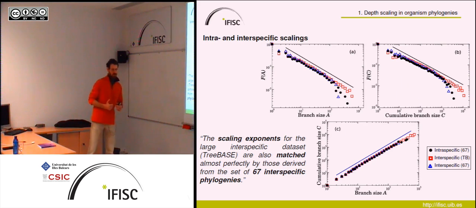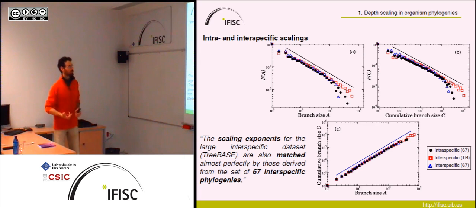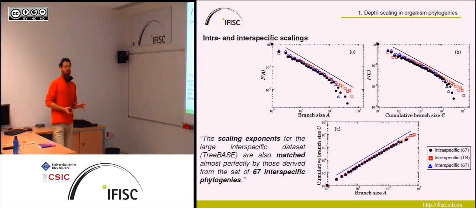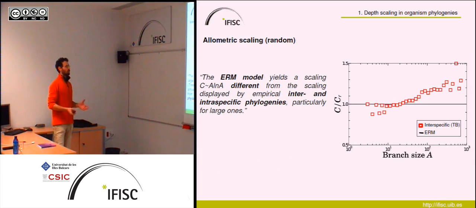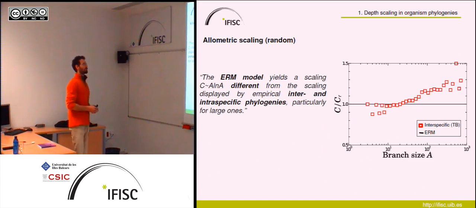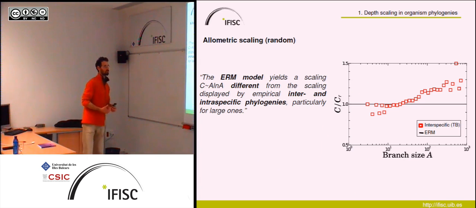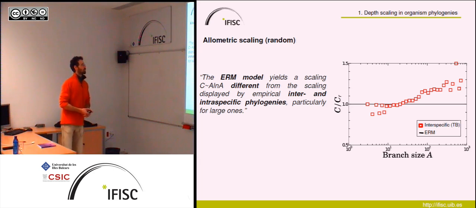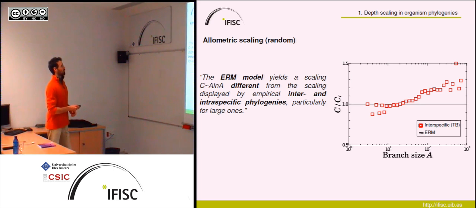Plotting together the two different interspecific data sets, the manually compiled one and the one from TreeBASE, we observe that for the branch size, the cumulative branch size distributions, and also the allometric scaling, both data sets matched in the scaling exponents, showing similar behavior. In order to compare the behavior of the real data with that of a random tree, we used a classical model, the equal rates Markov model.